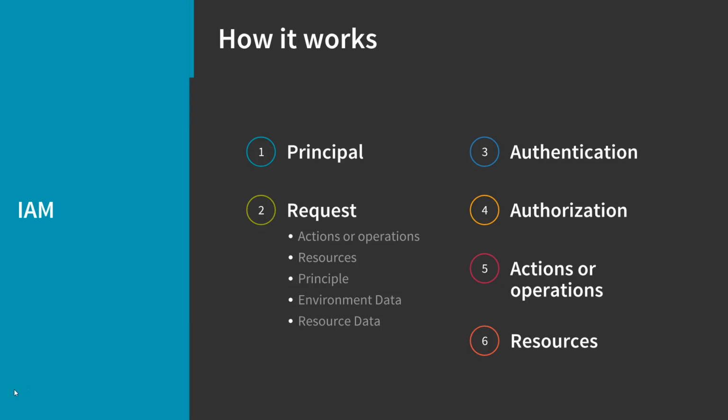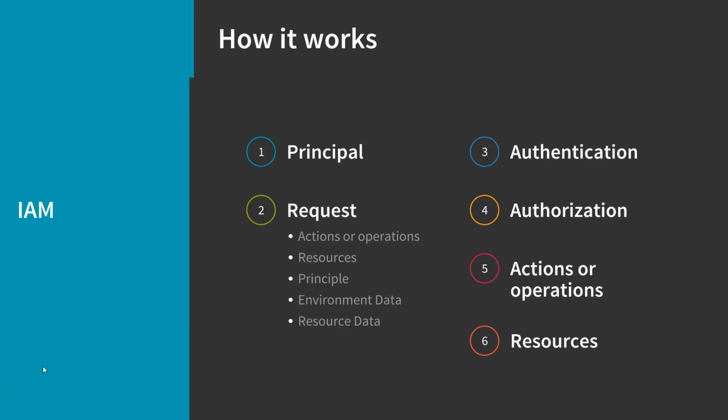Users, roles, federated users, and applications are all AWS principals. Your AWS account root user is your first principal. As a best practice, once again, we don't use your root user for daily work. Instead, in the future, we're going to create an IAM user. You can also support federated users or programmatic access to allow an application to access your AWS account.